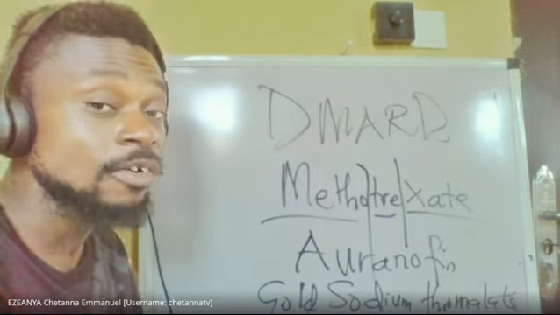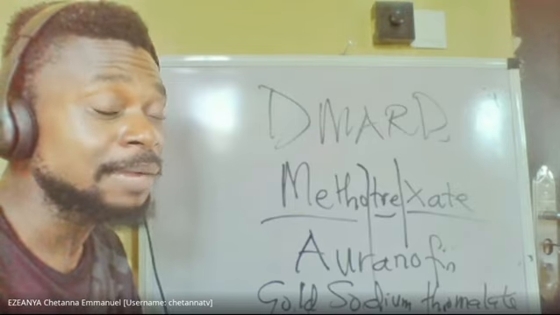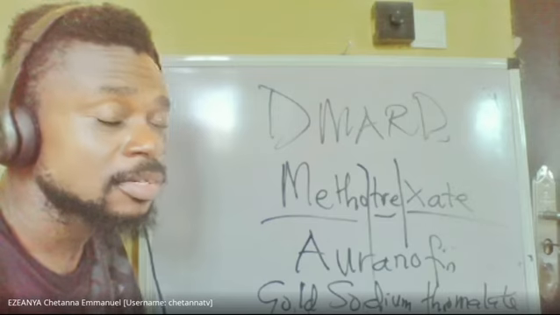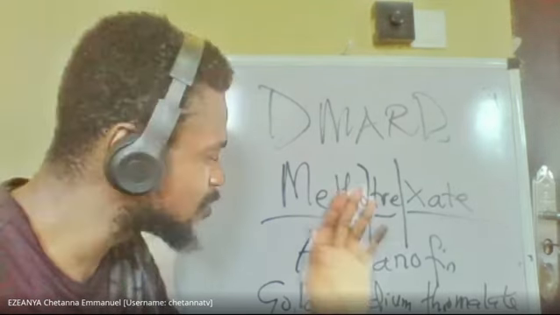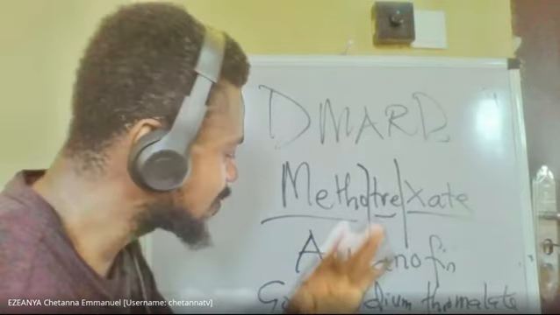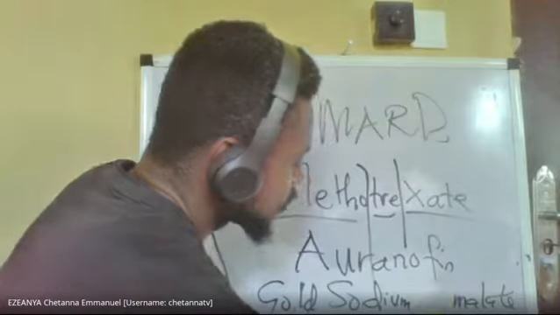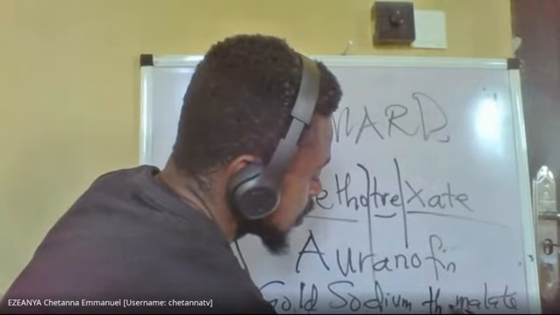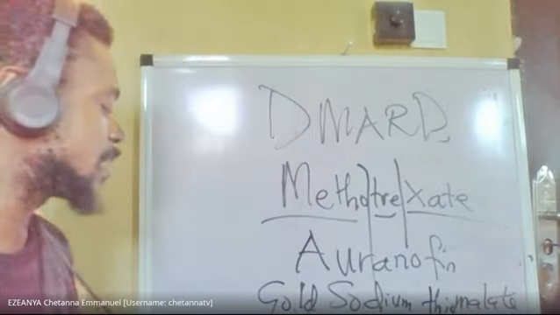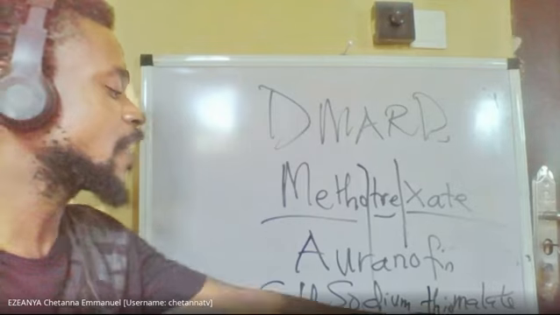Thio is from sulfur. Anytime you hear thio, just know that it's talking about sulfur. Let's not take you there, please. Leave it at that. Gold sodium thiomalate.